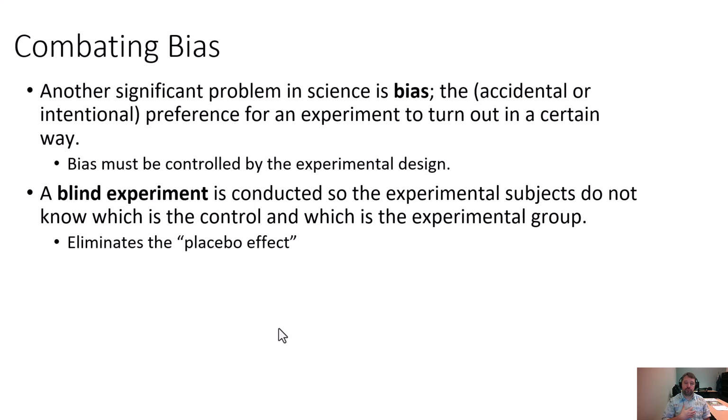Okay, so if you know as an individual that you're receiving a placebo, so if someone told you, hey, you're either getting this medicine that controls your blood pressure or you're getting a sugar pill, and then they told you right away you're getting a sugar pill, then you might act in a different way.